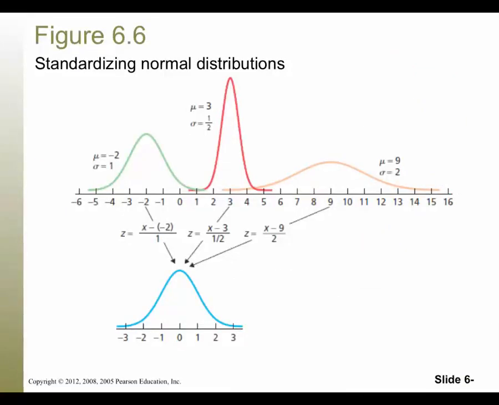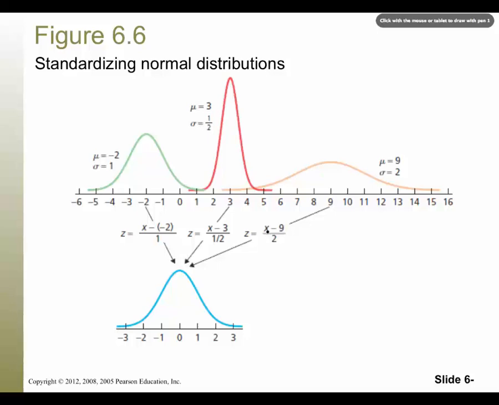Okay, remember two chapters ago, we did the standardized versions, the z-scores. For a given mean and standard deviation, we could set up the z-score. Say the mean is 9 and the standard deviation is 2.